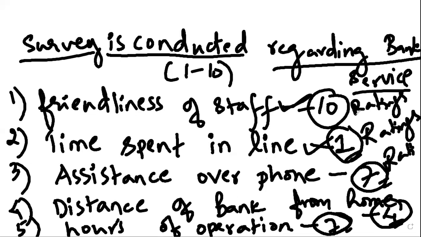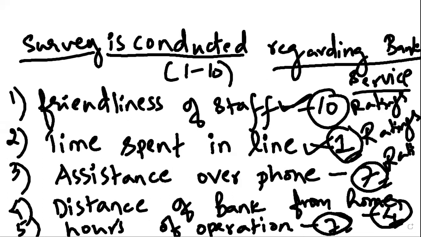So these are the friendliness questions, these are the different questions, and these are the different ratings. Q1, Q2, that is question number 1, 2, 3, 4, 5, 6. So possibly we had 5 questions, but here there are 6 questions. Possibly some other question will be there, which I have not included.